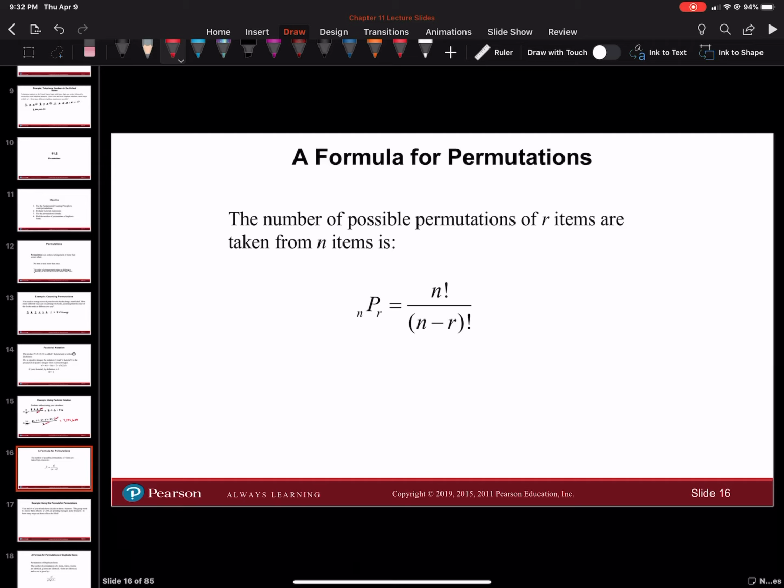So nPr is equal to n factorial over n minus r factorial. So you're going to subtract r from n, then take the factorial. So take a minute and write that down.